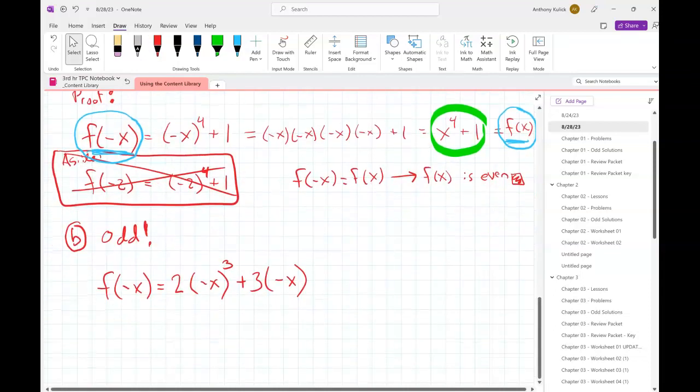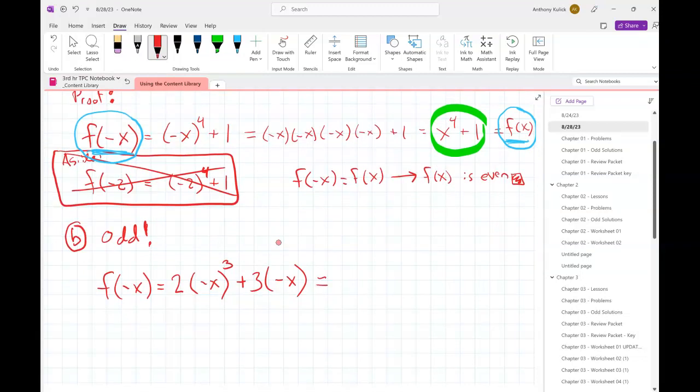All right, how do I simplify 2 times negative x to the third plus 3 times negative x? So if I multiply 3 negatives, what do I get? Negative. So that part's just going to be negative 2x cubed.